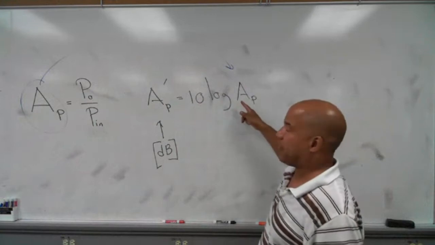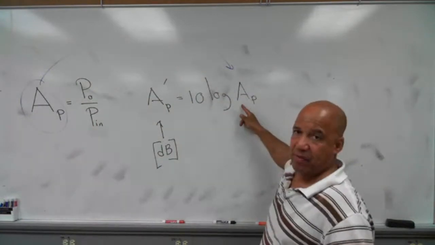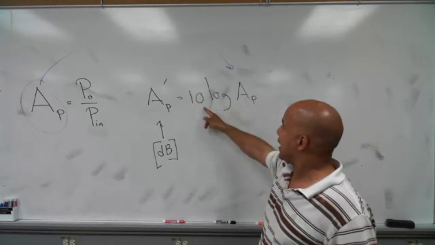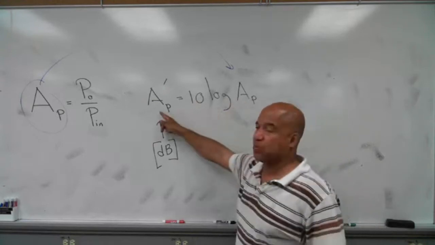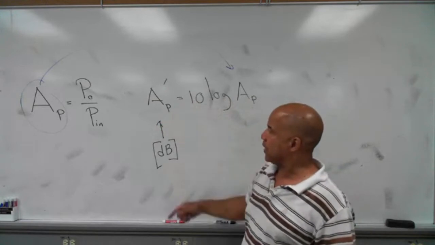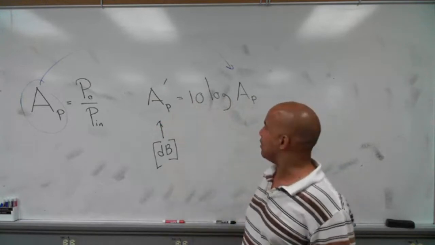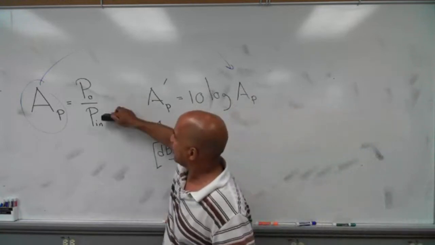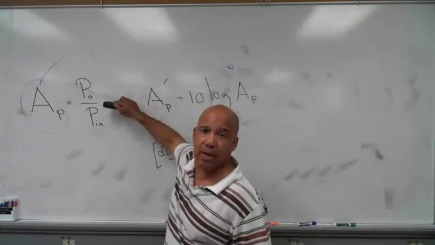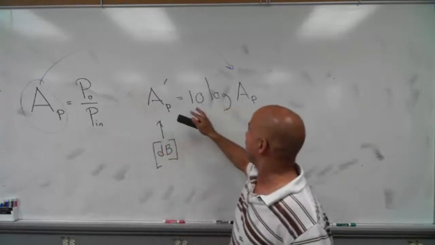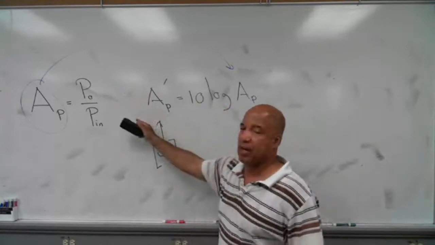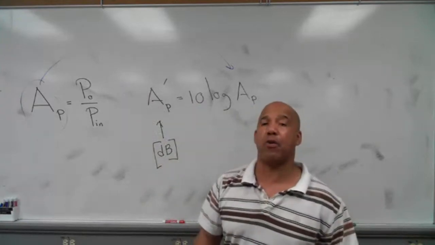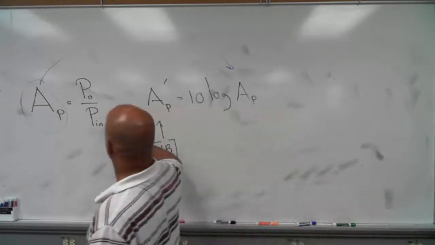So 10 times the log of the power gain, it's only 10 log when I'm using power gain, will give me the decibel power gain. So if you want to write a little dB over there to make it make sense, then I would suggest you do that. So this comparison of 2 power levels, the output power and the input power, and then doing 10 log of it, will take that ratio and change it into a decibel unit. We call it decibel power gain.